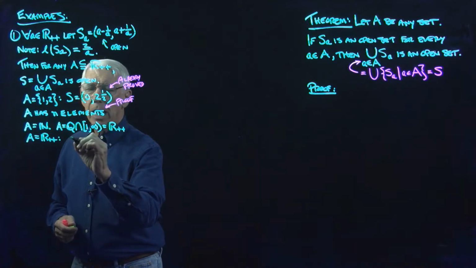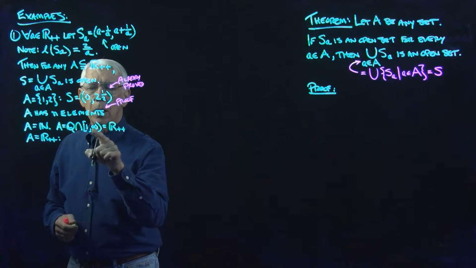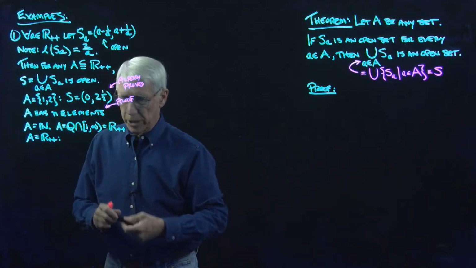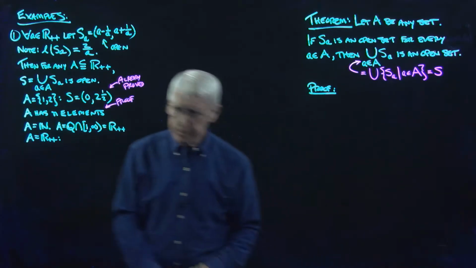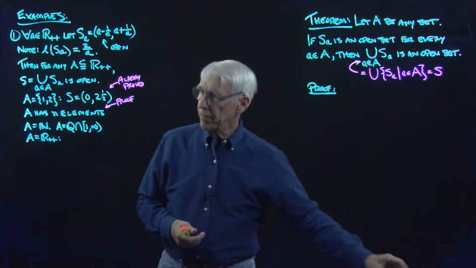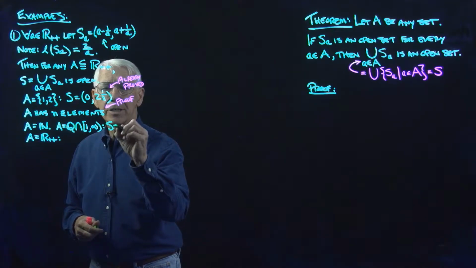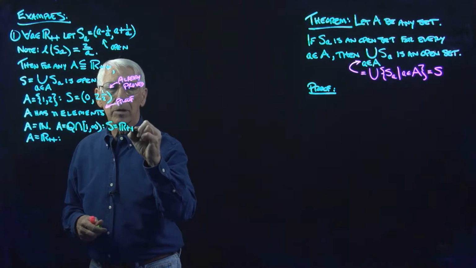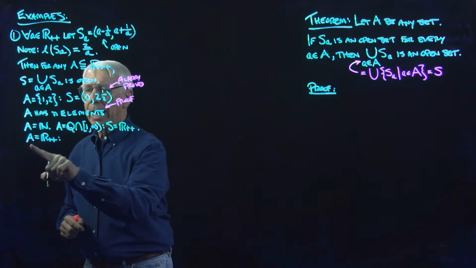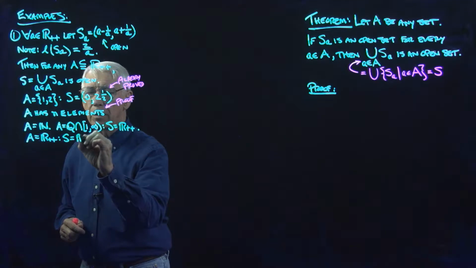In that case, this is wrong here. If A is this, then S is R++. And if A is itself R++, S is all of R.